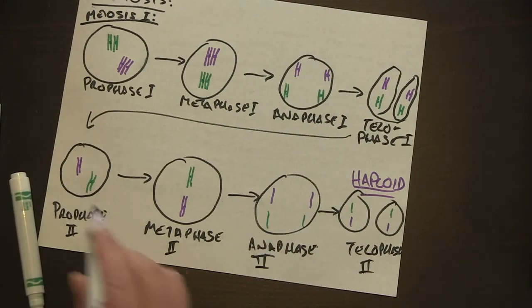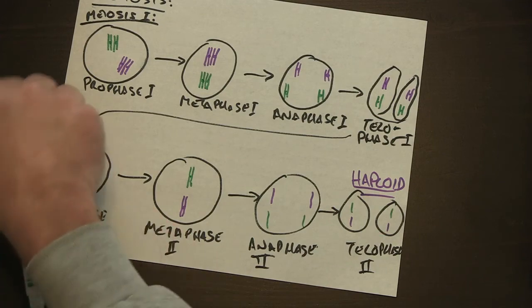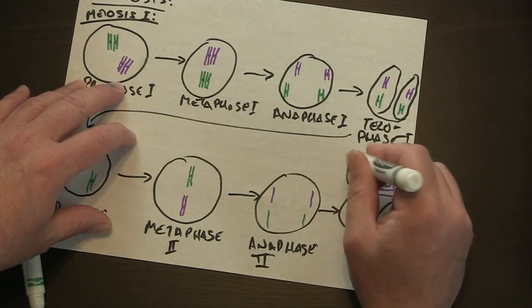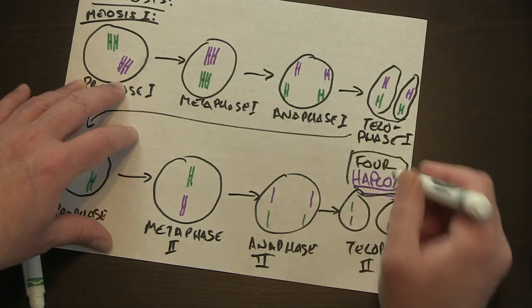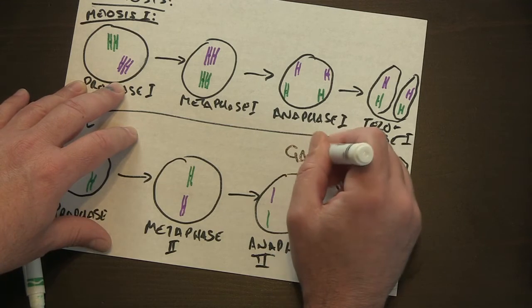Because we've actually got 2 cells here, we are going to end up making 4 haploid cells. Haploid gametes. So those are gametes.